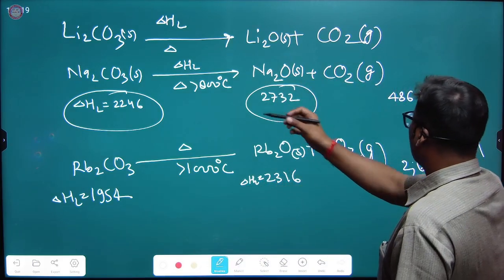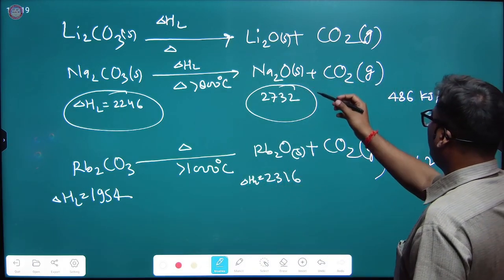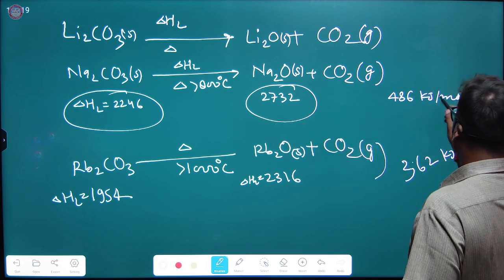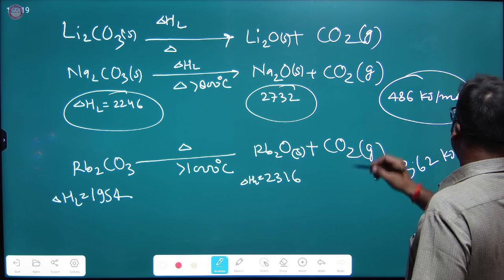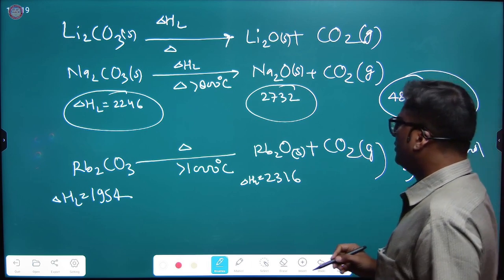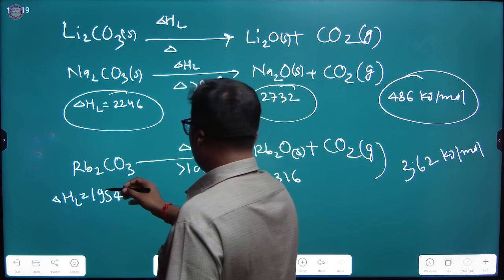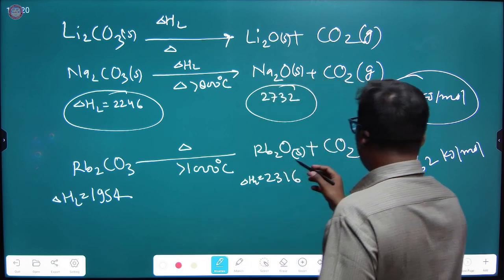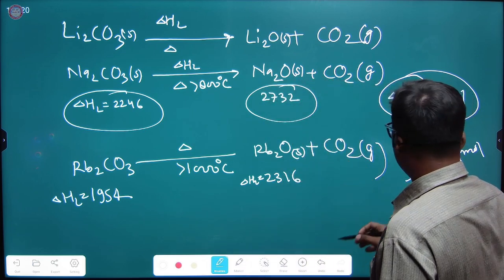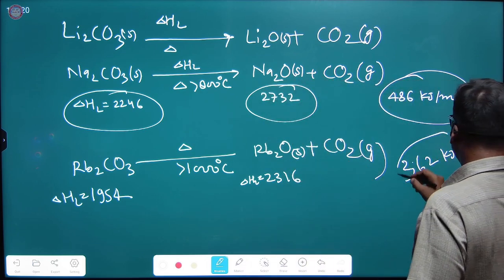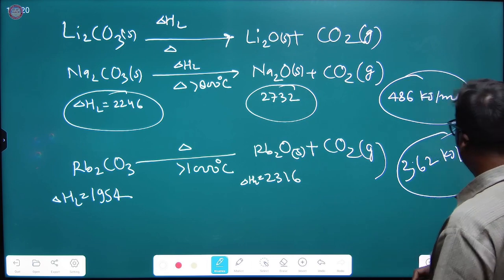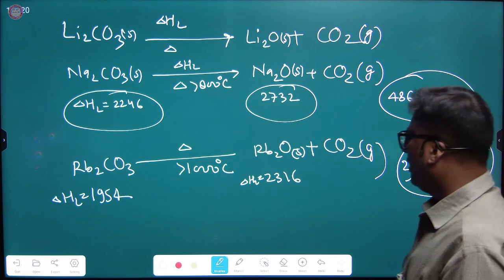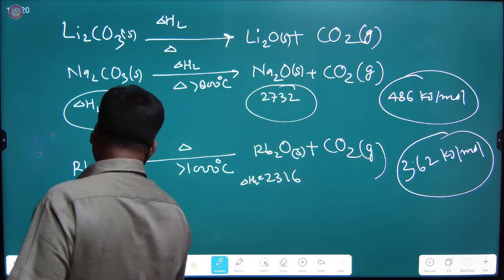From the calculation of sodium carbonate and sodium oxide, the difference of lattice enthalpy is 486 kilojoule per mole. In the same group, for the bigger rubidium carbonate and rubidium oxide, the difference of lattice enthalpy is 362 kilojoule per mole. And similarly we can calculate for cesium also.